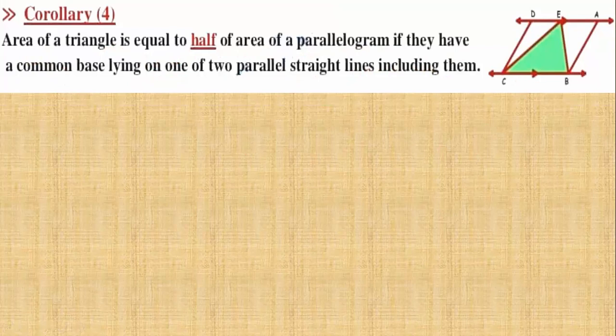On the figure, we have a triangle on the same base. So the area of triangle BCD is half the area of parallelogram ABCD. They have the same base and are between two parallel lines. Area of triangle equals half area of the parallelogram.